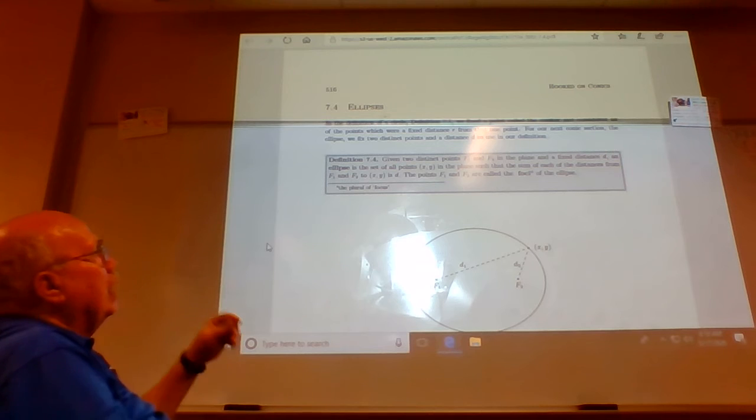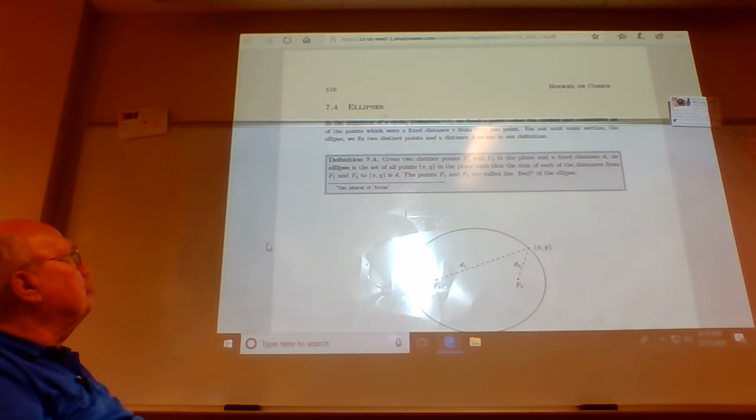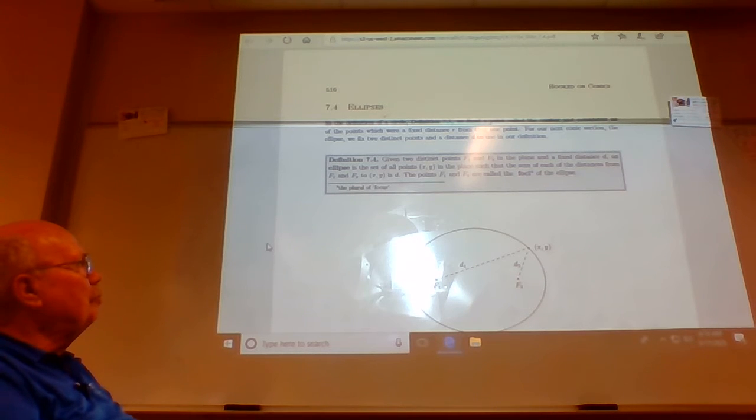So that's the way these are set up. They're called foci because there's more than one. And the distances d1, d2 add up to the same amount all the way around the ellipse.